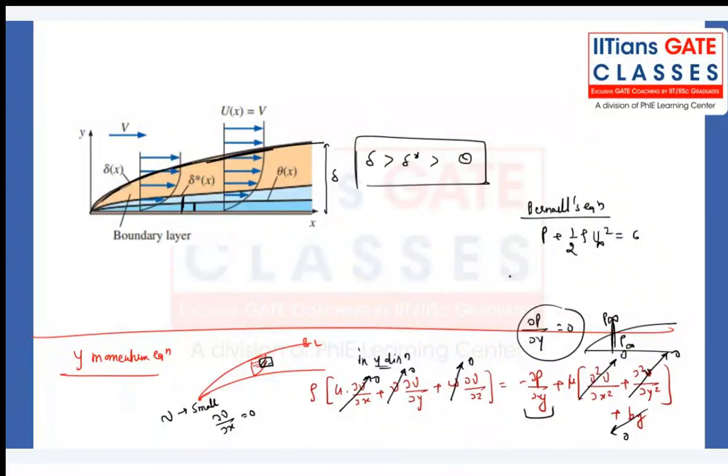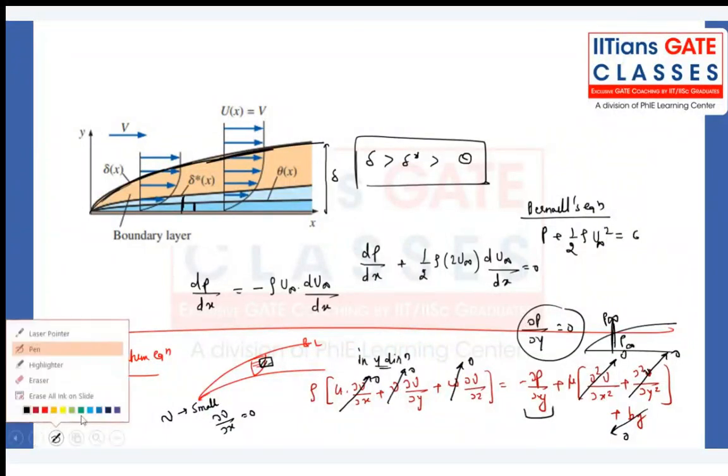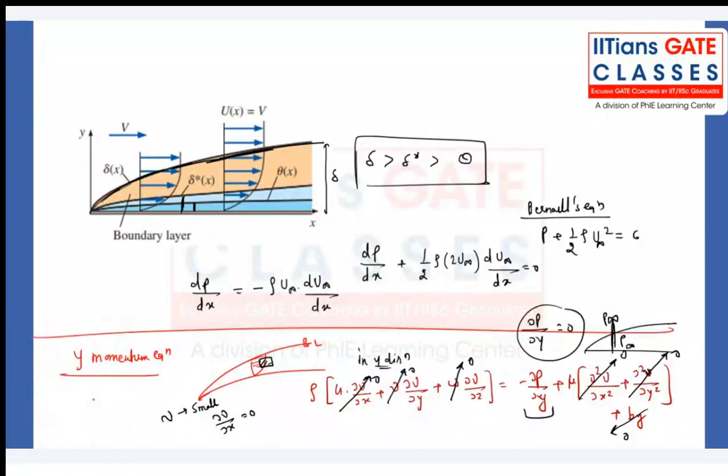So if you want to get dp/dx plus half of rho into 2 u infinity du infinity/dx equal to 0. So what can we write? dp/dx, can we write minus rho into u infinity into du infinity/dx? Can we write like this? Check it out. Tell me, guys.